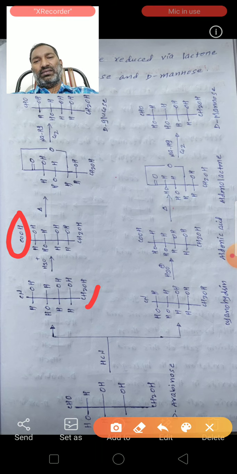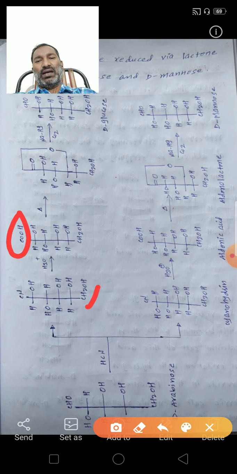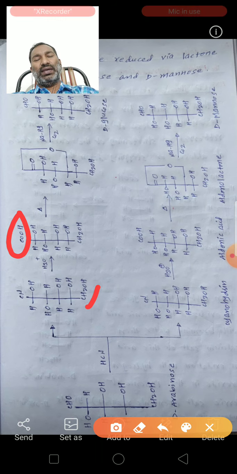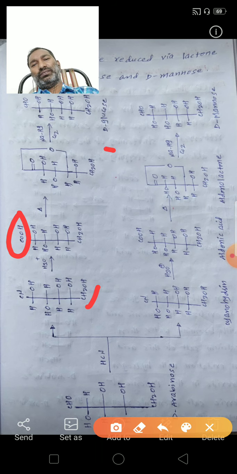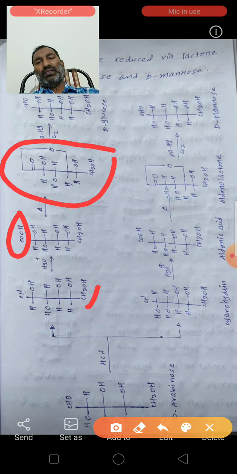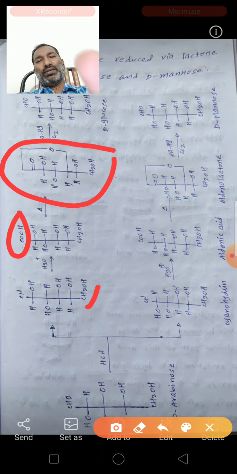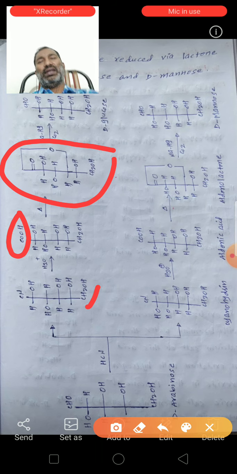When heated, this aldonic acid converts into a lactone. This is the lactone. This lactone, on reduction by sodium amalgam, will give D-glucose.